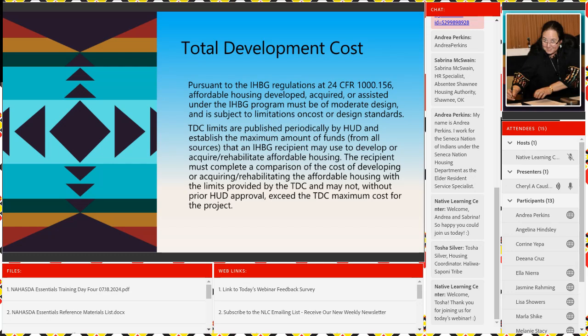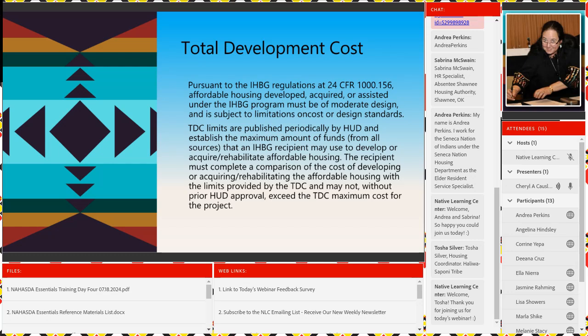TDC limits are published periodically and establish the maximum amount of funds from all sources. So even if you get help from the tribe, you have to stay within that limit. If you're using any NAHASDA dollars, you have to follow the TDC, okay? That an IHBG recipient may use to develop, acquire, or rehab affordable housing.